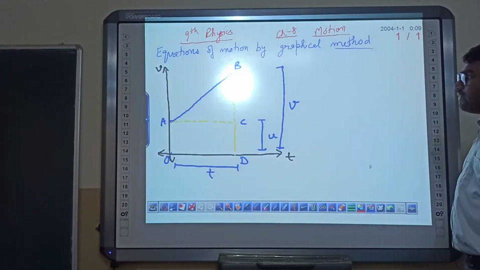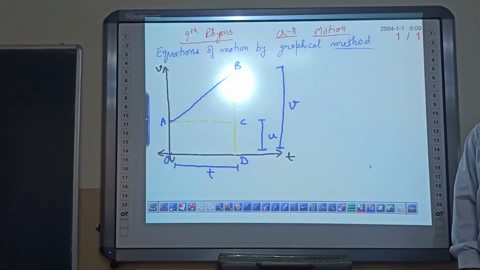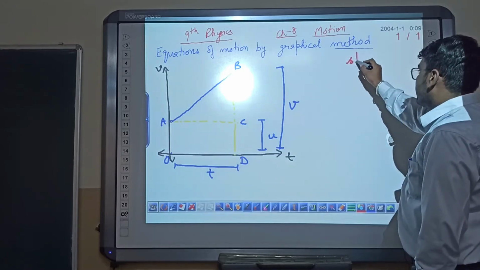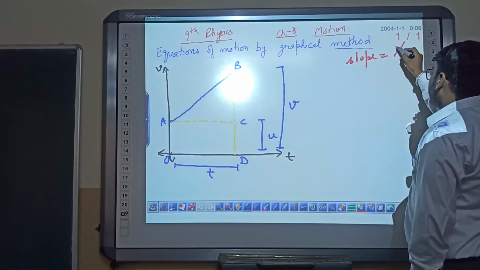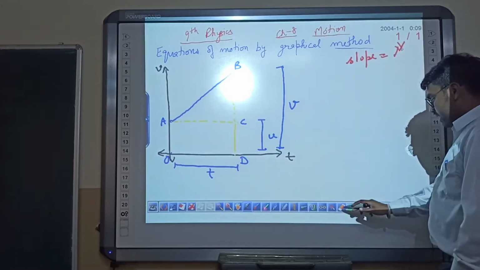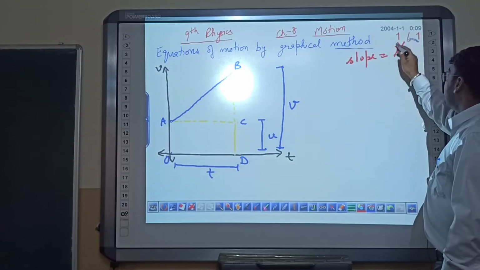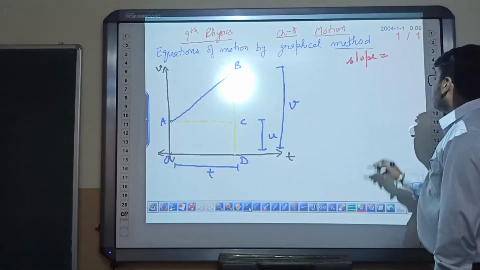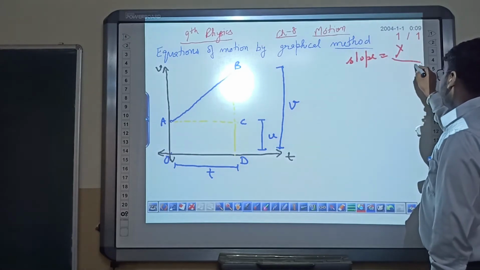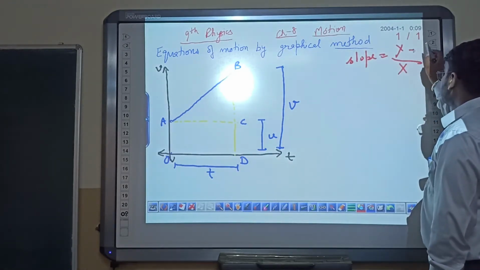Is this okay? First thing, we will find the slope of this graph. So what is slope? I discussed in our last video that slope is the ratio of y intercept and x intercept.